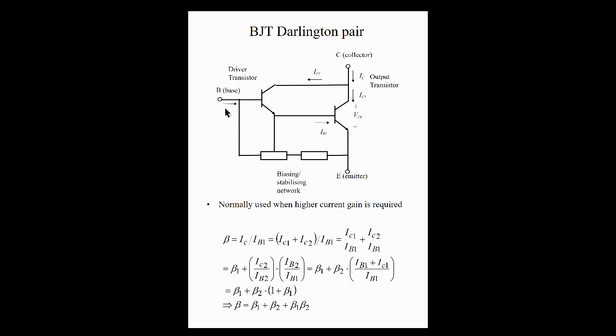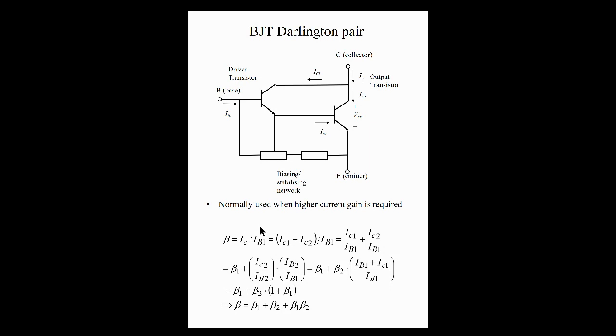So we start off with our definition, beta, from IC to IB1. So that's your ratio.